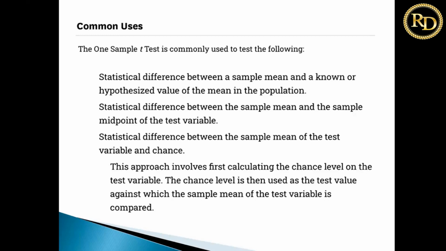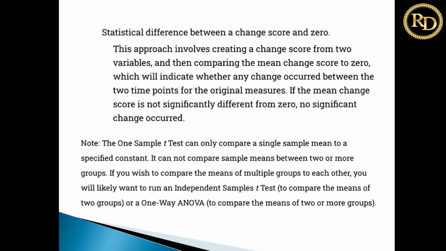So there are certain assumptions regarding these common uses, and we have some assumptions as well. First we complete the common usage of the one sample t-test. We can test the statistical difference between a change score and 0, which we here take as the test value. This approach involves creating a change score from two variables and then comparing the mean change score to 0.